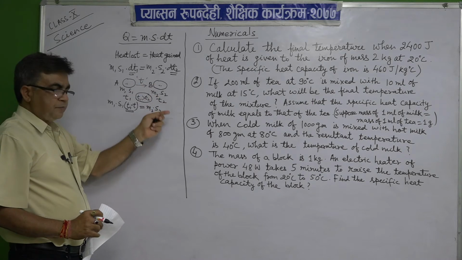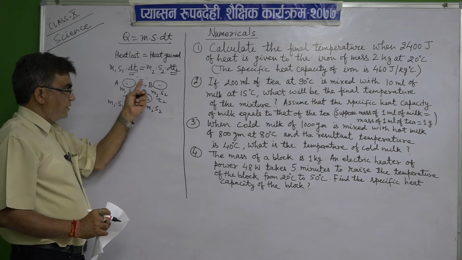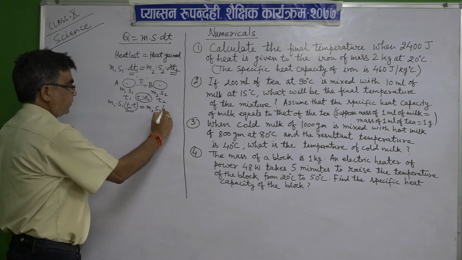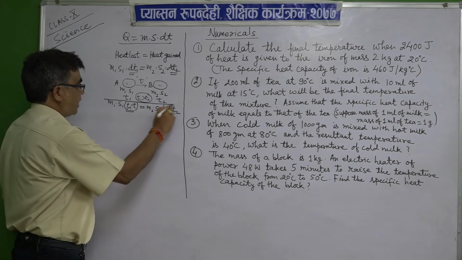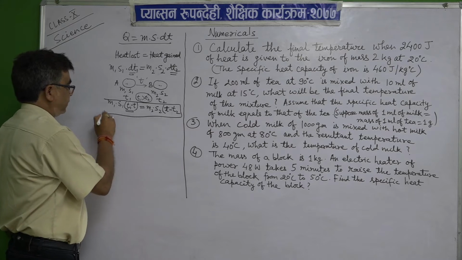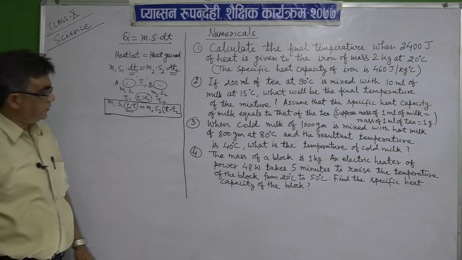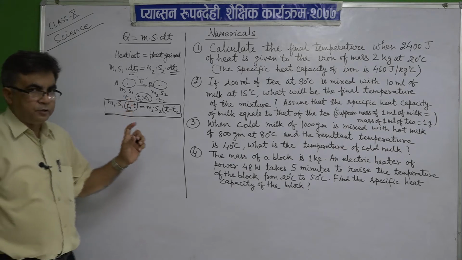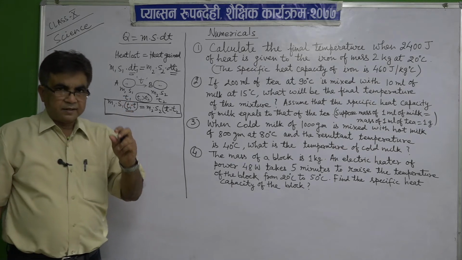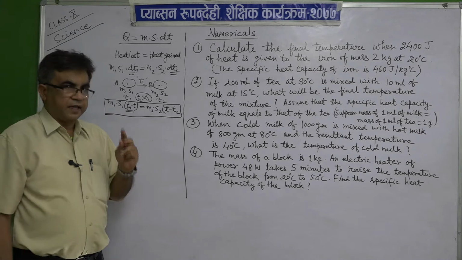That is why the temperature difference will be T minus T2. This you have to understand. If this much you have understood, now very easily you can do the numericals related with the principle of calorimetry.